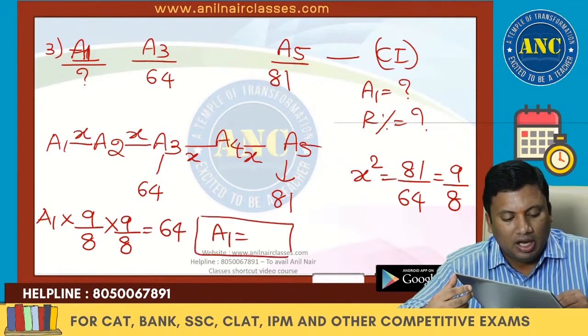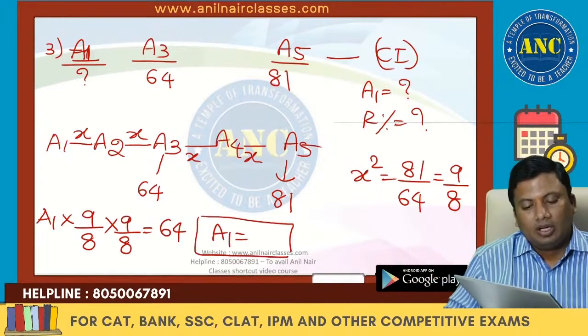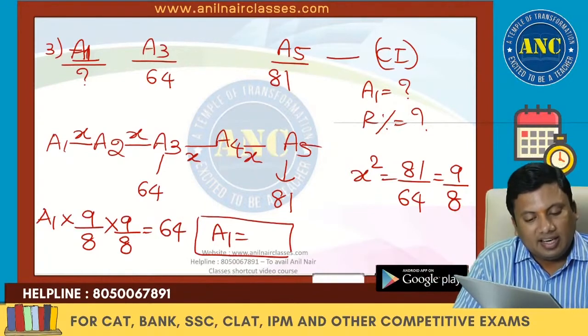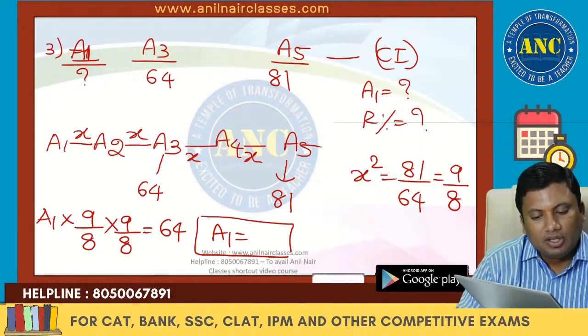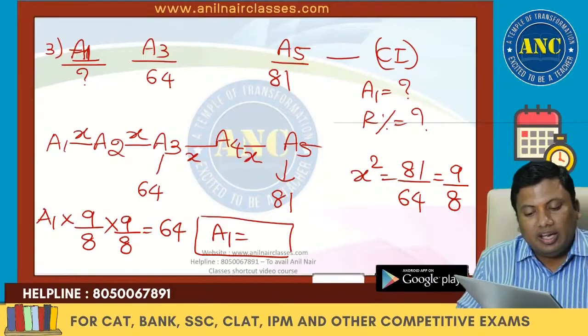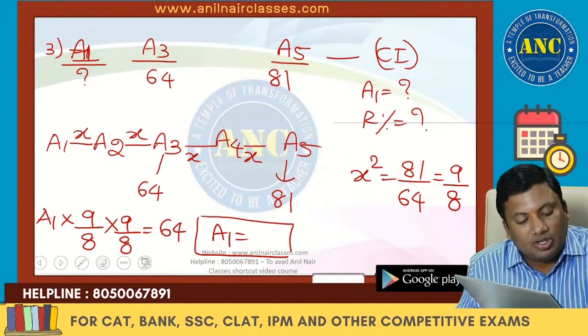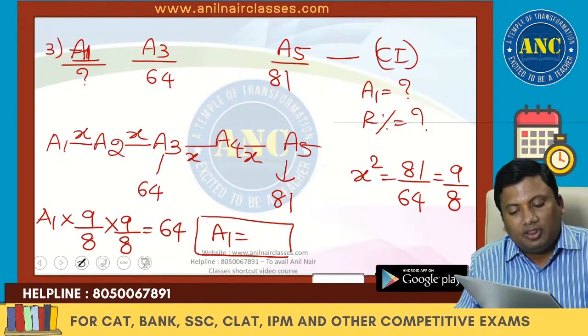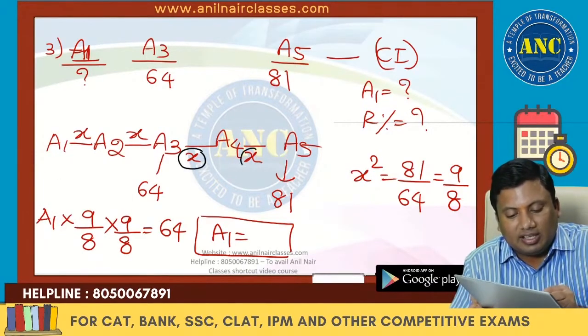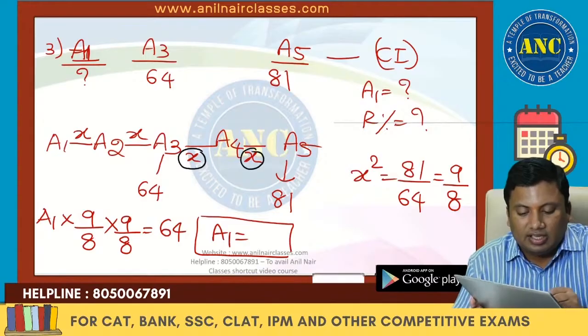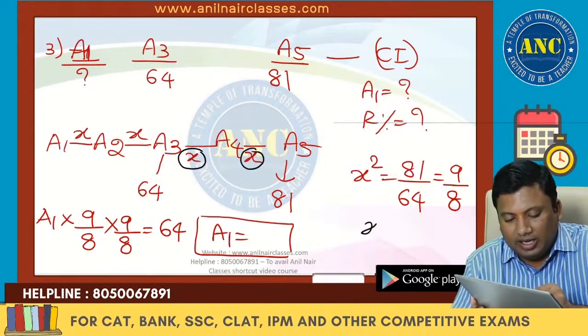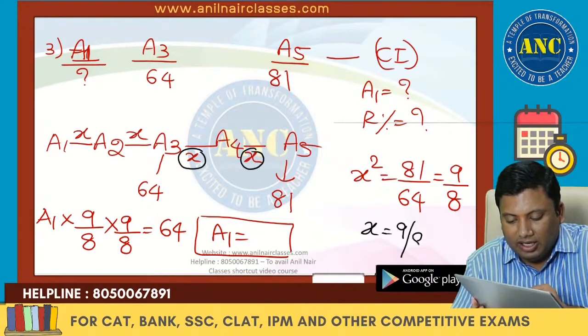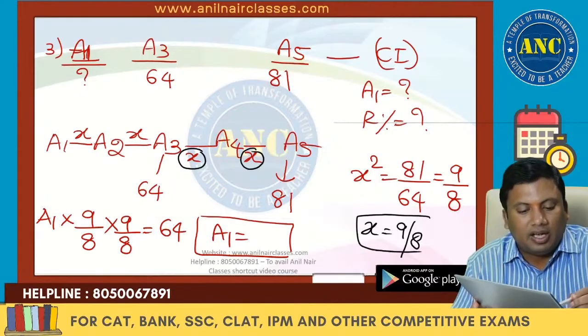I hope the idea is clear, right? So A1, A2, A3, A4, A5 all are in geometric progression. If this is x and this is x, x square is 81 by 64, so x value is 9 by 8.